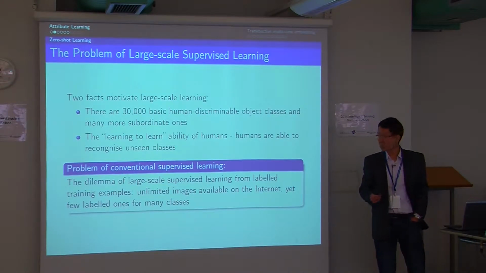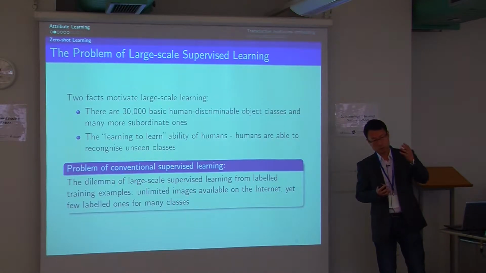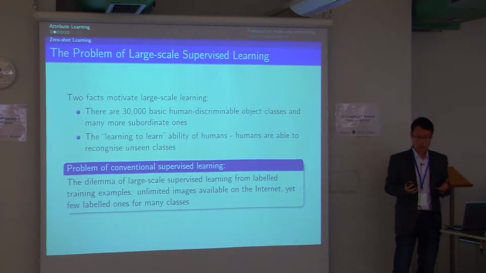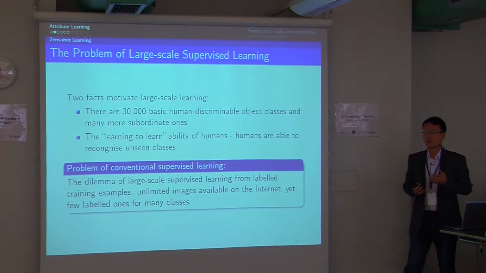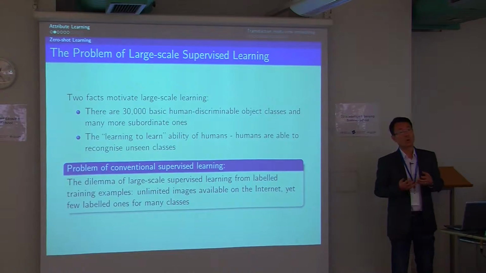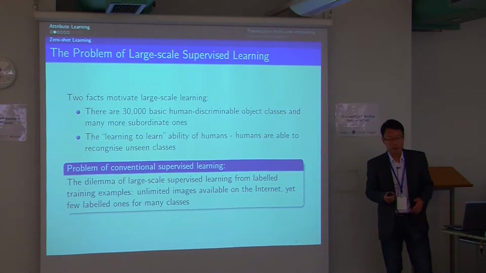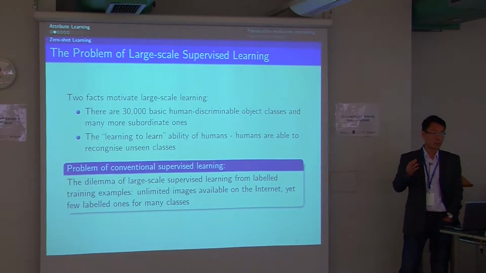So why do I want to do large-scale learning? Basically, even 5 to 10 years ago, when you look at computer vision researchers, people looked at a number of basic problems like object recognition, and people still looked at 20 classes for object detection or 200 classes for object classification. So it's pretty small scale.